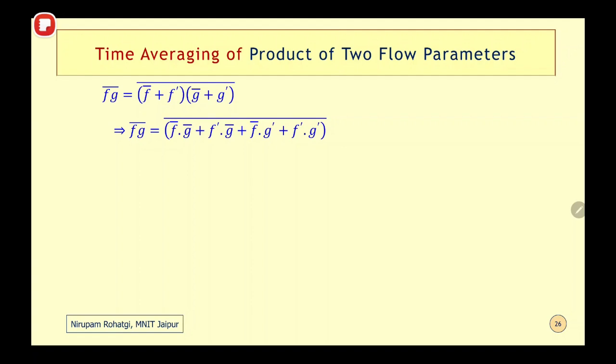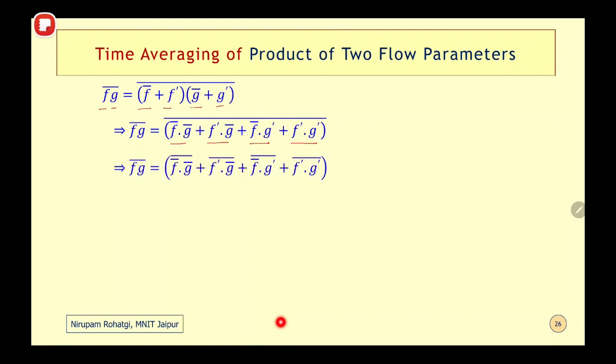So if you multiply f and g, and after multiplication you are doing the average, you can write it like this: f is equal to f bar plus f prime, g is equal to g bar plus g prime. You multiply them and do the average. Now in the multiplication there will be four terms: this, this, this and this, right?